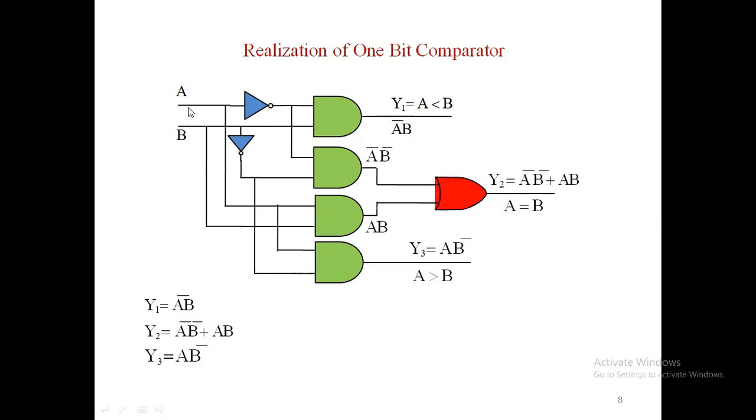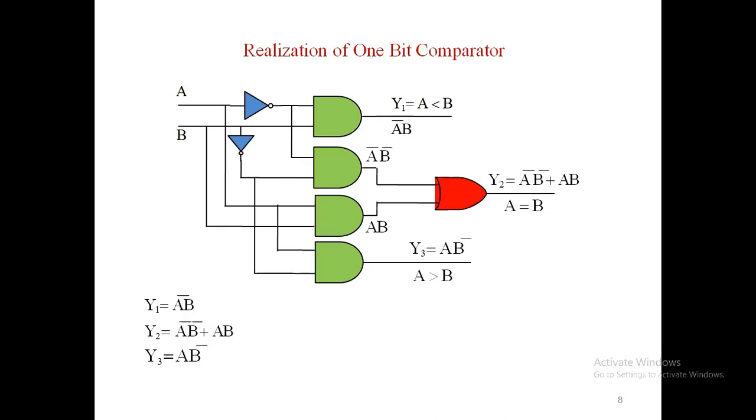A value 1, so the NOT gate complements 1 and it becomes 0. And B value 0. So 0 and 0. So what is the output value? 0. Right? A value 1, B value 0. Is it clear?